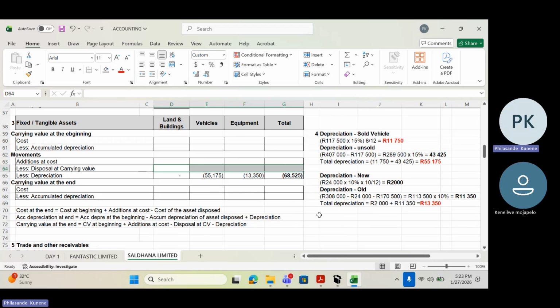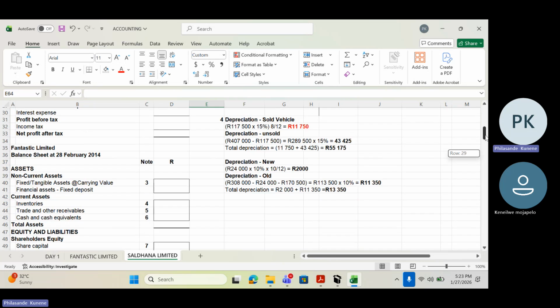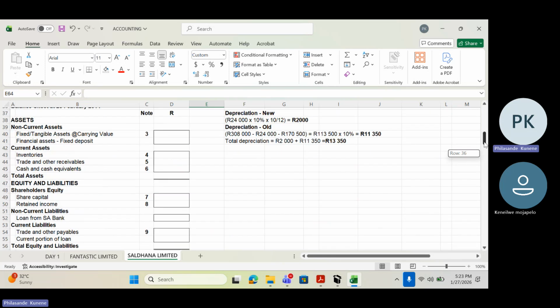Okay, what else can we do here? We have a disposal. For vehicles, which one did we dispose? We didn't dispose anything under equipment, but we know that we disposed a vehicle. So how much was the carrying value of that disposal? Here we need to record the carrying value.